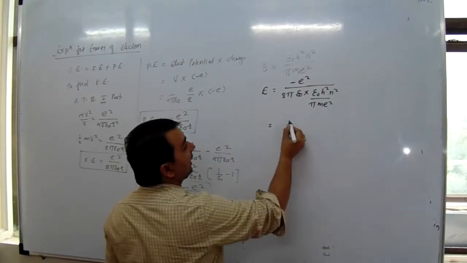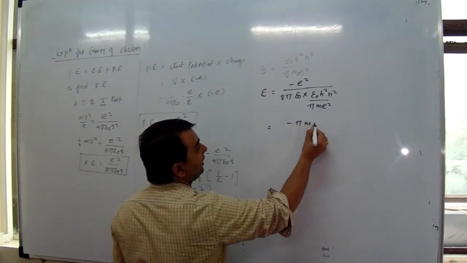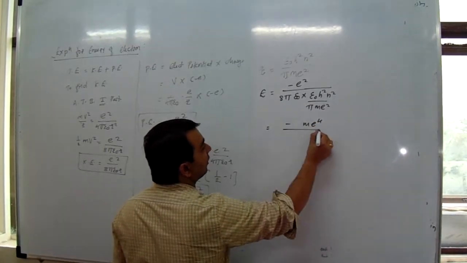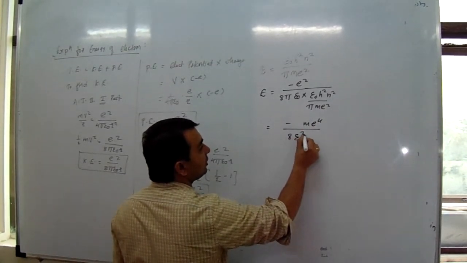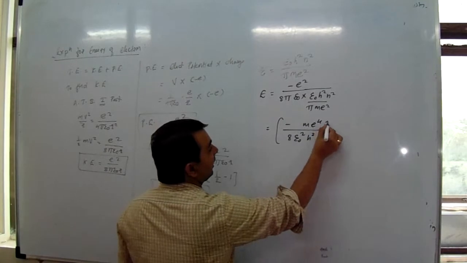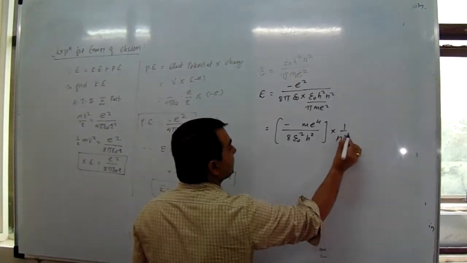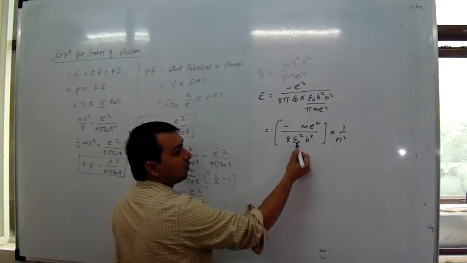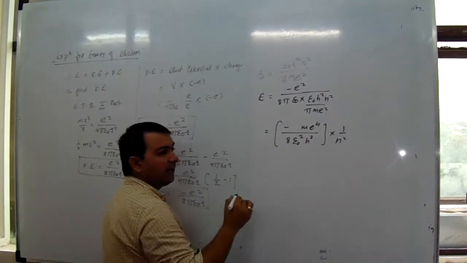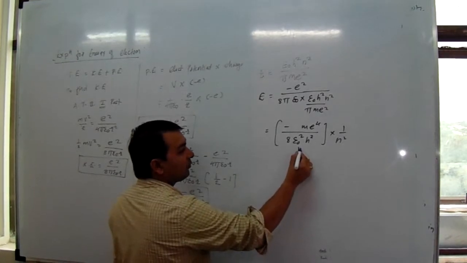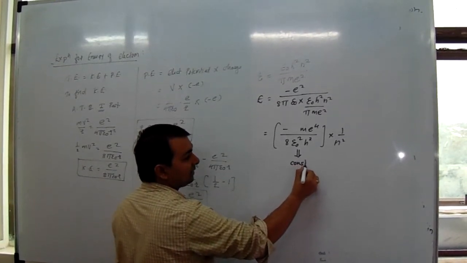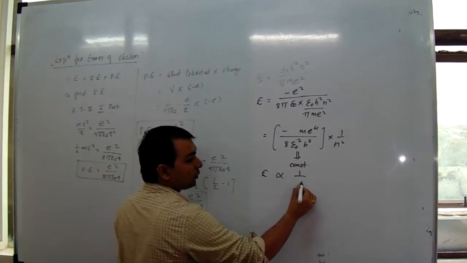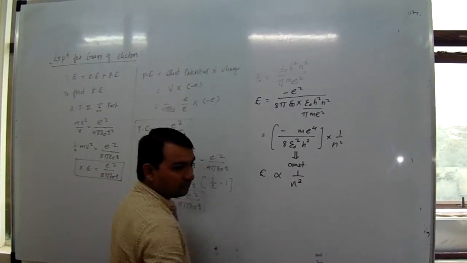So here we can say it is minus πme², π will get cancelled, so it is minus me⁴ upon 8ε₀²h², and here it is 1 upon n². Here, mass of the electron, charge of the electron, permittivity, Planck's constant, 8, all these are constants, and thus the energy of the electron is inversely proportional to the square of the principal quantum number.